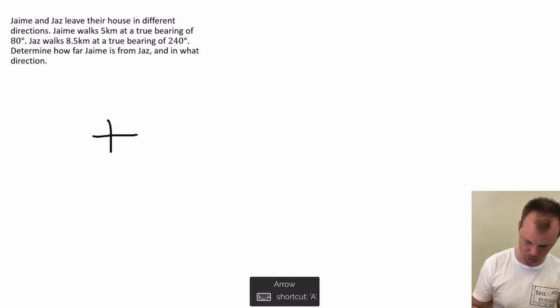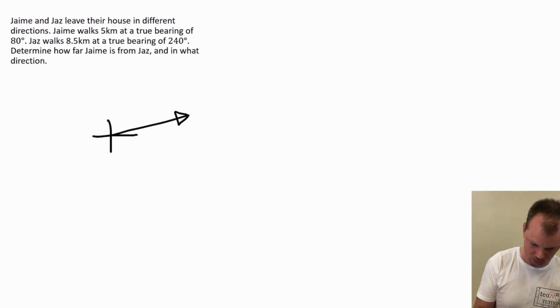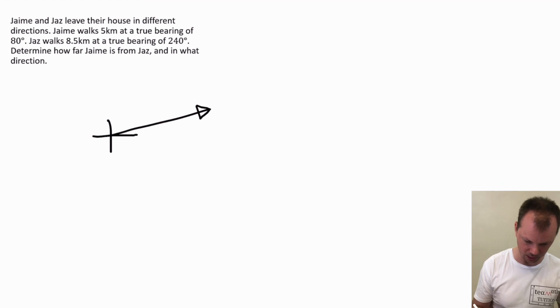So again, a lot of information. Let's draw a diagram and figure it out. So again, we've got a small set of axes here. We've got Jamie is 5 kilometers, true bearing of 80. So about there.